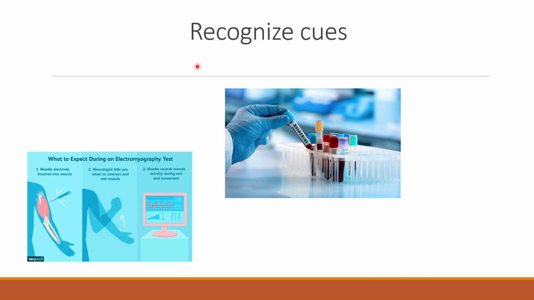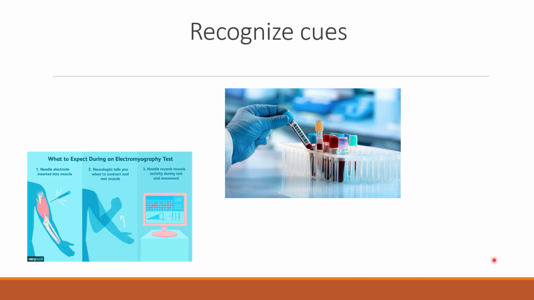So we need to draw some labs, which would be our CBC, metabolic panel, CMP, vitamin B12, if that's the deficiency that may be causing it, and then what's called an electromyograph or EMG, which would be a needle inserted into the muscle, and then a neurologist is going to tell you to contract the muscle, and then it'll record the activity during movement. So we want to see how well that muscle is functioning in the extremities that the patient is reporting numbness or tingling. Okay, and they might do a nerve biopsy to see if there's something affecting that muscle.